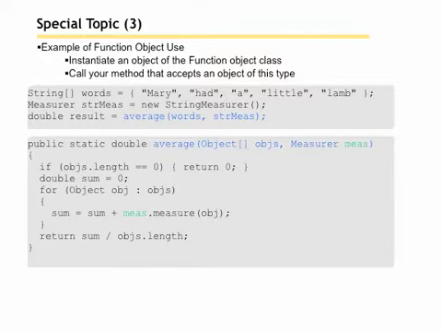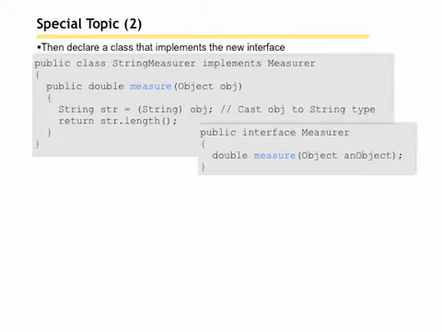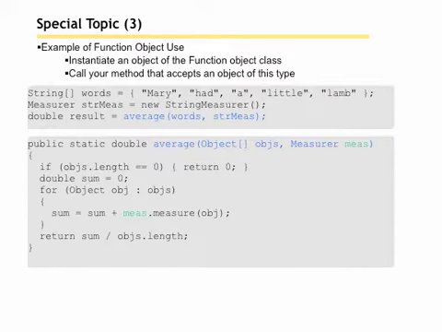Let's look at an example of function object use. We can instantiate an object of the function object class. Previously, our function object class was StringMeasurer. So over here, we can say String array words equals Mary had a little lamb.